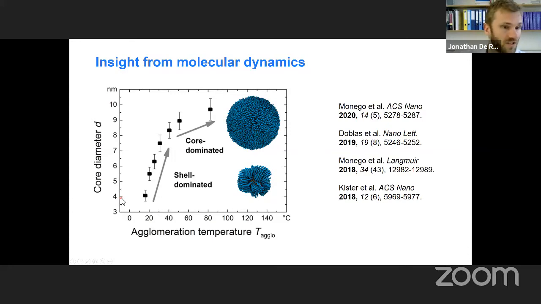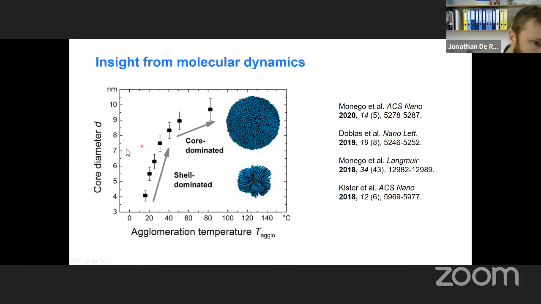Here I can see nanocrystals as having a solubility, as behaving like small molecules. And here, when the nanocrystals become bigger, they start not to precipitate because ligands crystallize. No, they precipitate because the core van der Waals attraction becomes too high. And so here you really see the point in between.